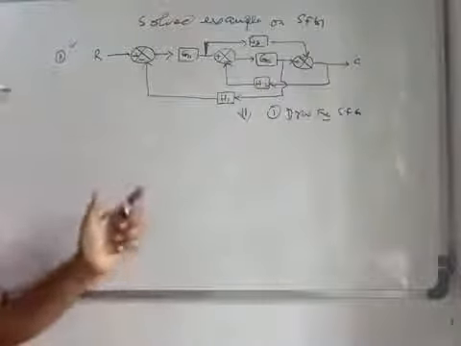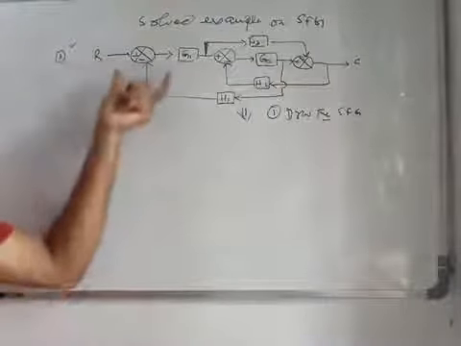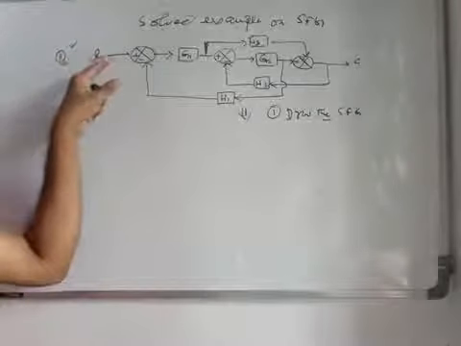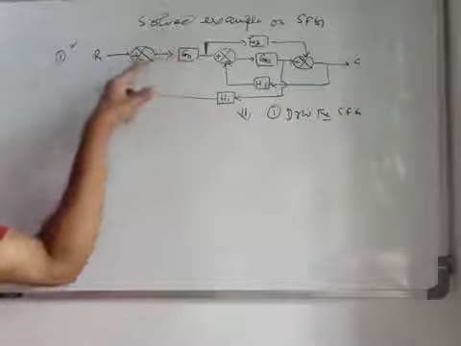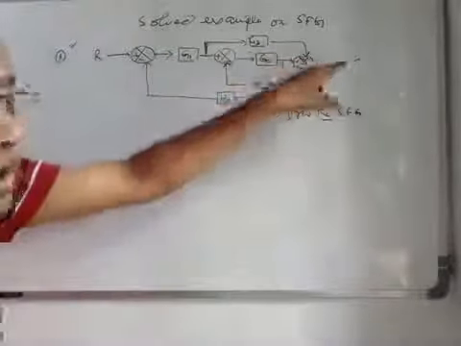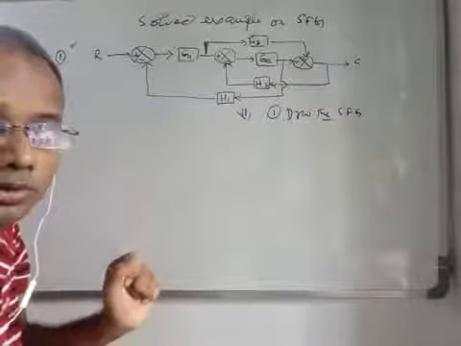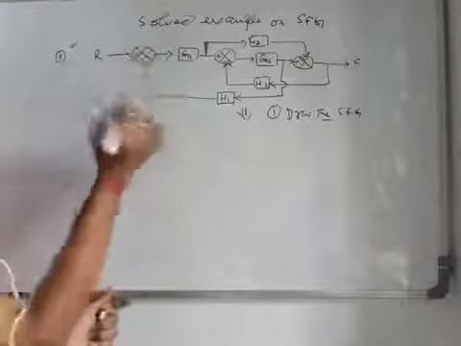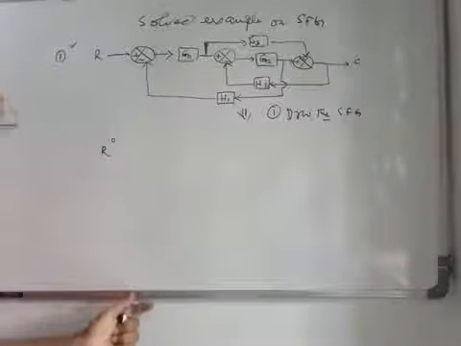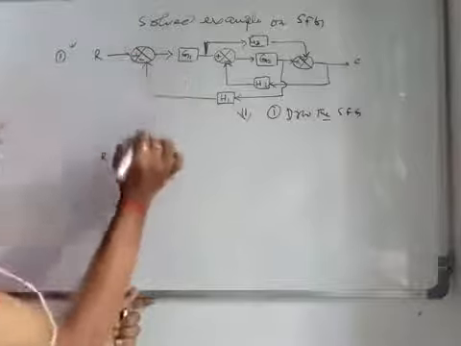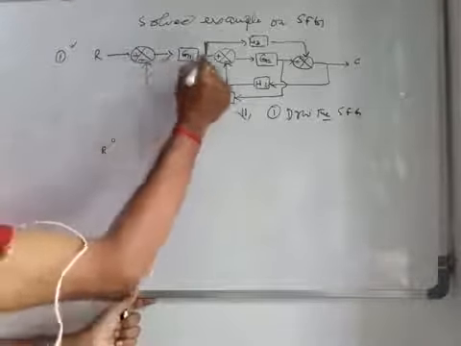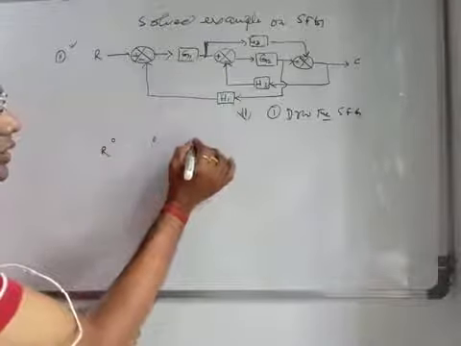How to draw the SFG corresponding to this block diagram of the system is that you have to take all these takeoff points and summing points, individually, and input and output. These are treated as the nodes, right? So this is your input, a single node, and this is one summing point, another node.